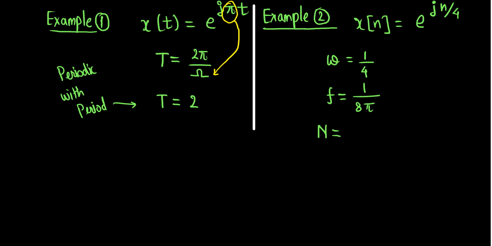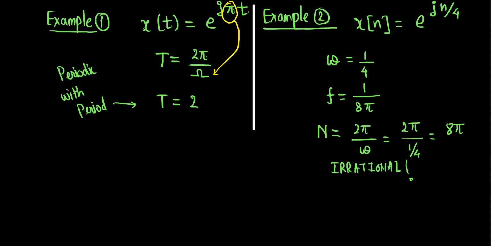Capital N, as we have seen, is 2 pi by small omega, that is 2 pi by 1 by 4, which is 8 pi. It is irrational. Therefore, this signal is not periodic.